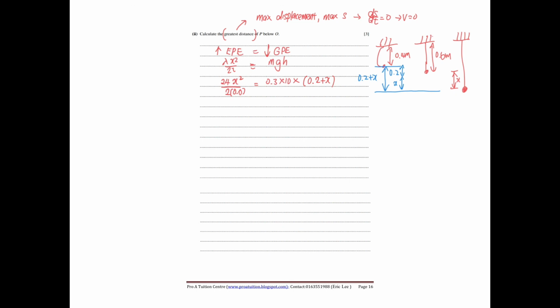So we do this and we will get 24x squared over 1.2. 24 over 1.2 is 20x squared. So we get a quadratic, minus 3x, 3 times 0.6, minus 0.6 equal to 0.